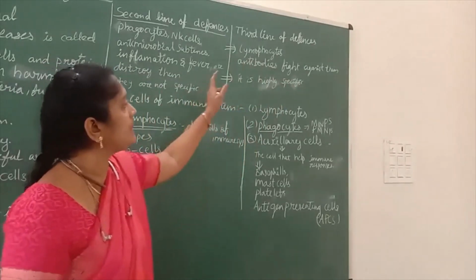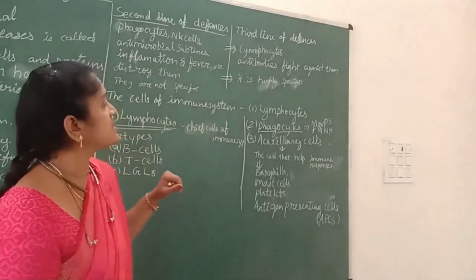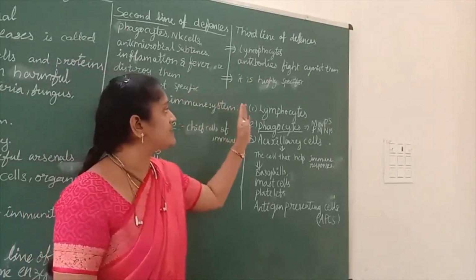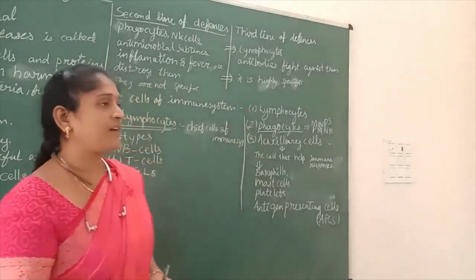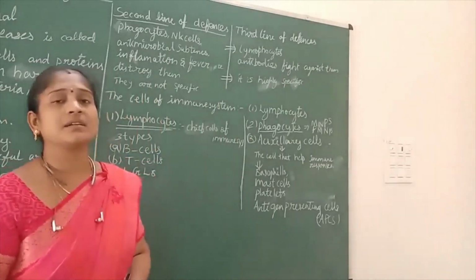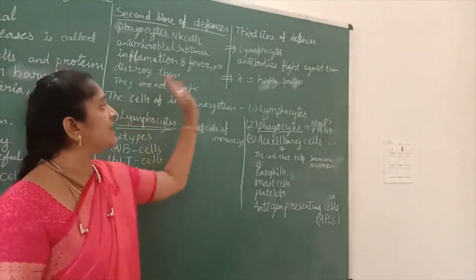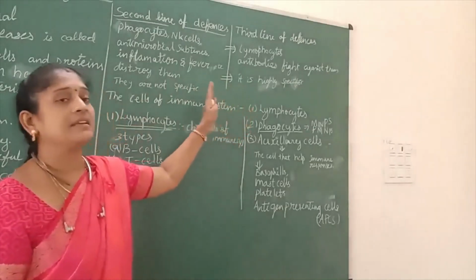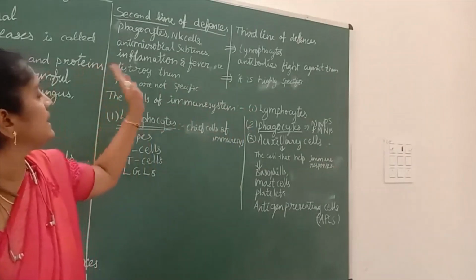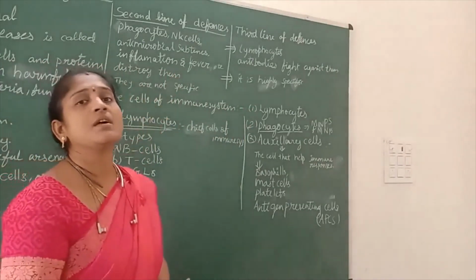This is highly specific, and this is called the third line of defense. When these three lines fail, the person gets the disease. So these three lines are called defense mechanisms in our body.